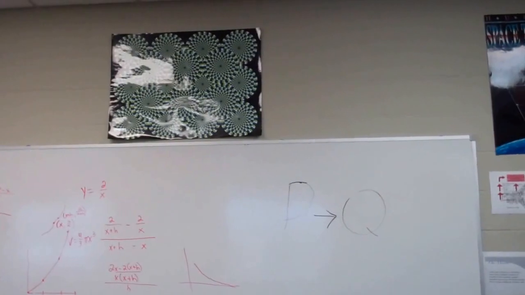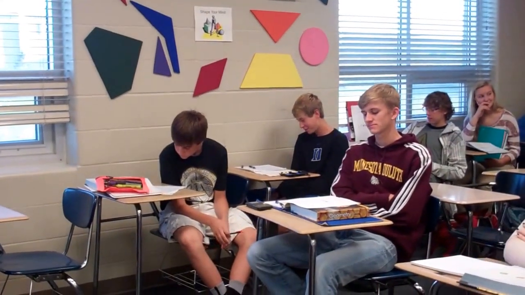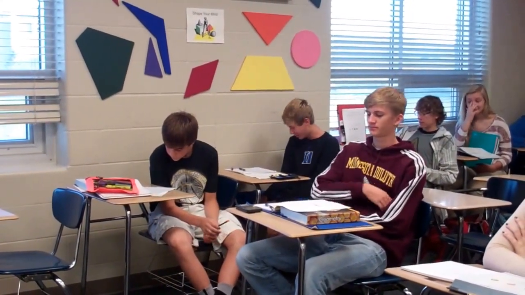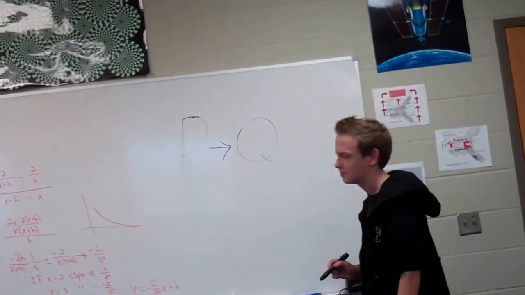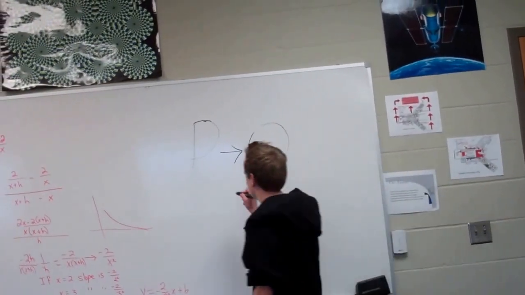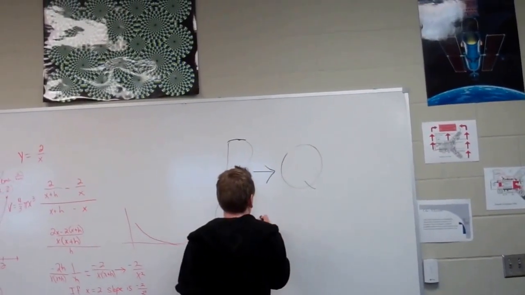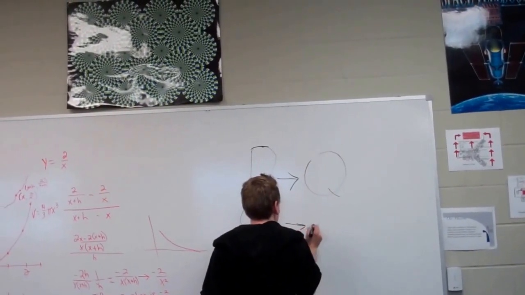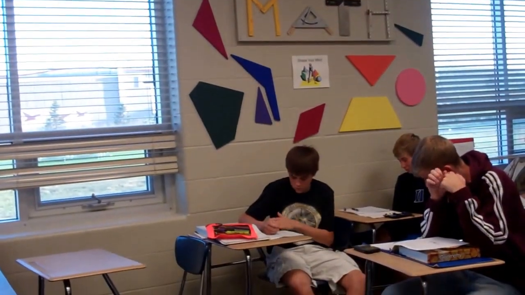they are coplanar. My man Cole will now read the converse. If they are coplanar, then two lines lie in the same plane. To go with that, could you put Q arrow P? Because the converse trades them around. We need to ask Cole right now, do you feel the original was true?